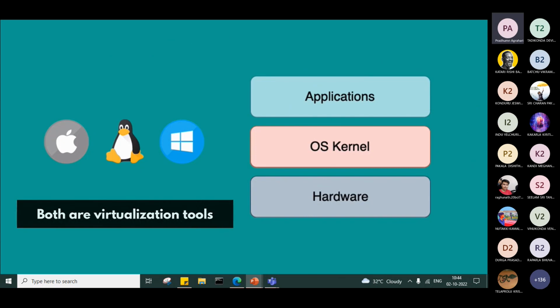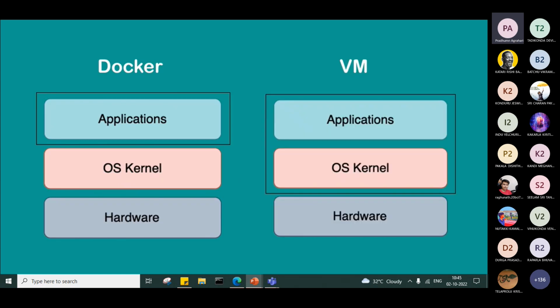Both are virtualization tools, Docker and virtual machines. But the difference is that VMs have their own OS environment, so Windows can have Linux applications running inside a VM, or Linux can run applications which require a Windows operating system.